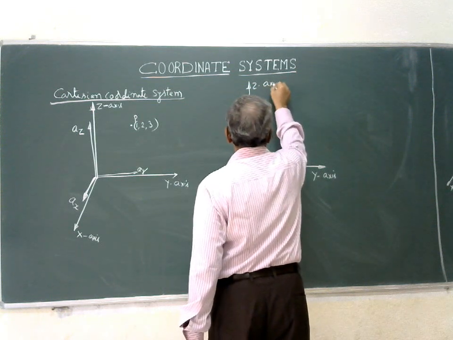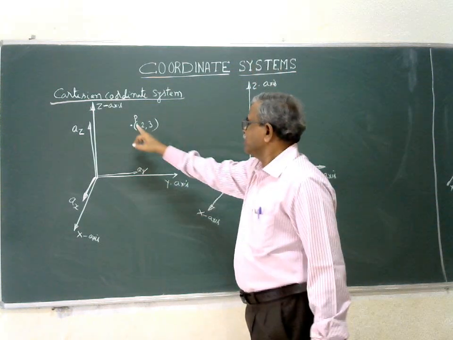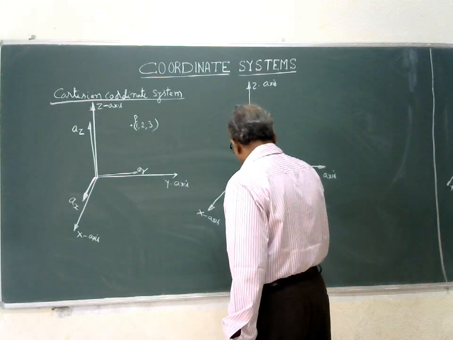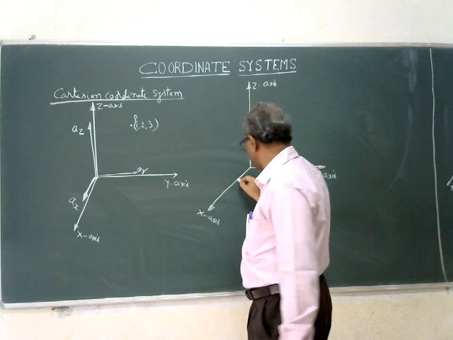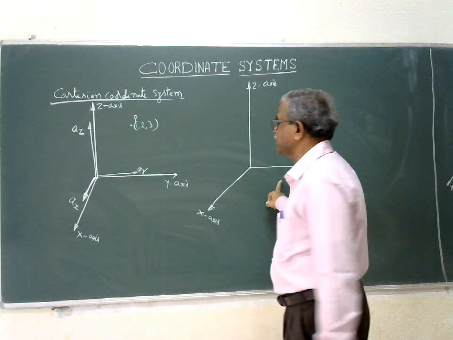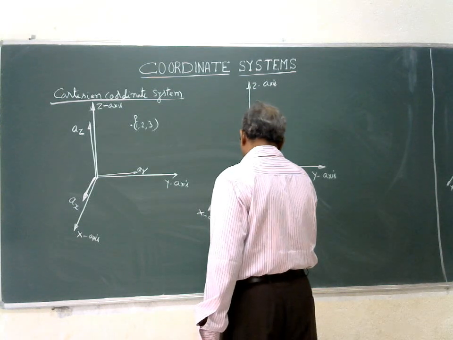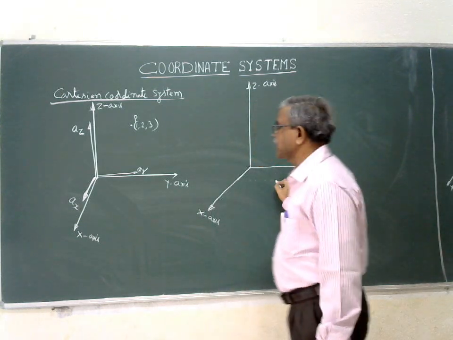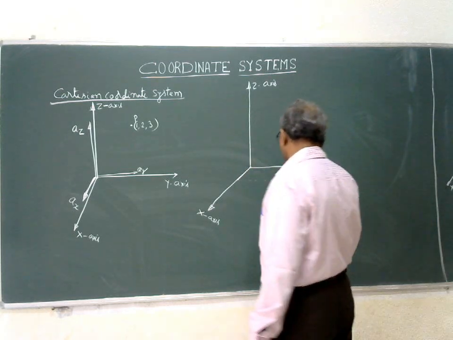Z axis. X is equal to 1. So along the x axis we are taking 1 unit, along the y axis we are taking 2 units, and along the z axis we are taking 3 units.